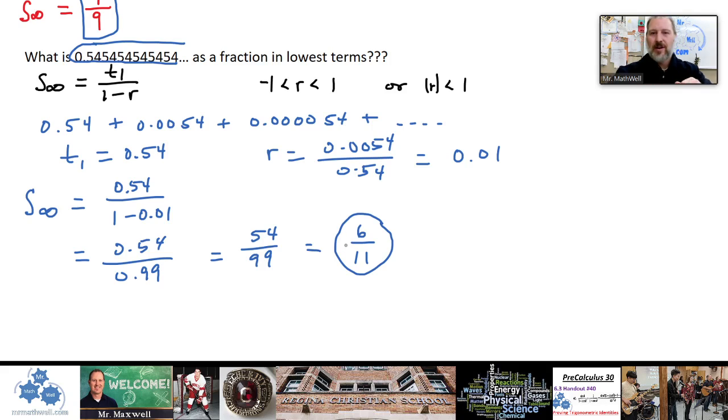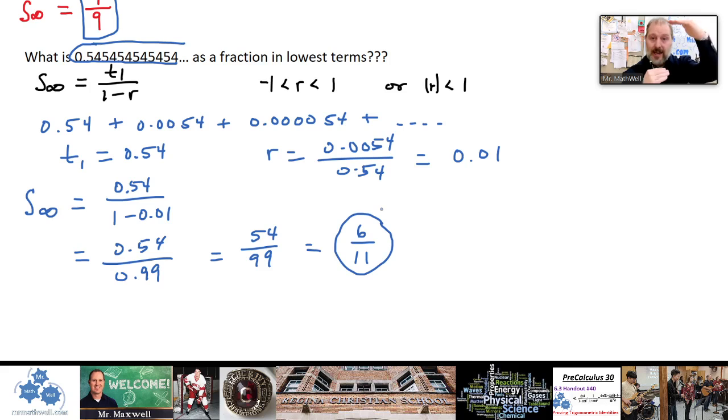Now remember, when we talked about rational numbers before in class, rational numbers are any numbers that can be written as a ratio of two integers. And a rational number shows up as either a terminating or repeating decimal. So those were the keys to know if you had a rational number. 6 over 11 we know is a rational number. 0.54 repeating we know is a rational number because it's a repeating decimal.